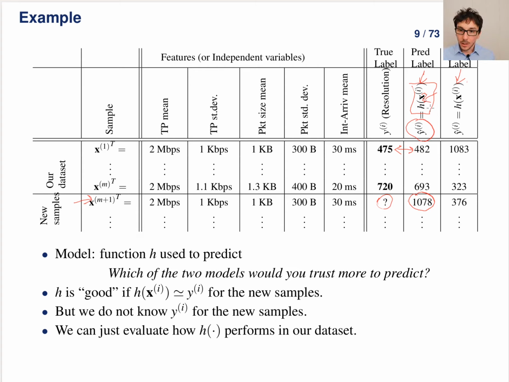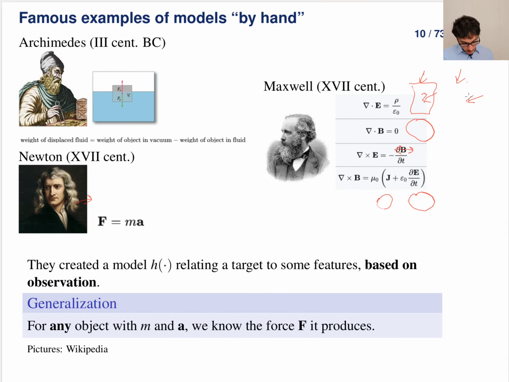So the central part of a machine learning algorithm is to construct this approximation function h that is called model. So models have been constructed all along the history. These are just some examples of famous models. For instance, if we take the Newton law, we see that it is nothing else than a model with two parameters, with two features, let's say.